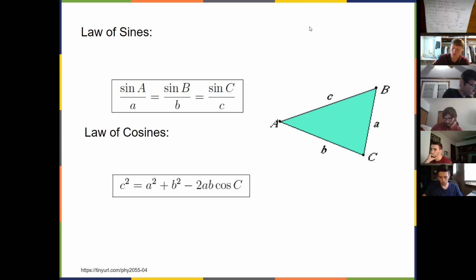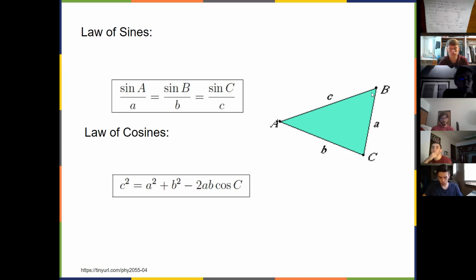It also applies if you are looking at this side: a squared should be equal to b squared plus c squared minus 2bc cos A.